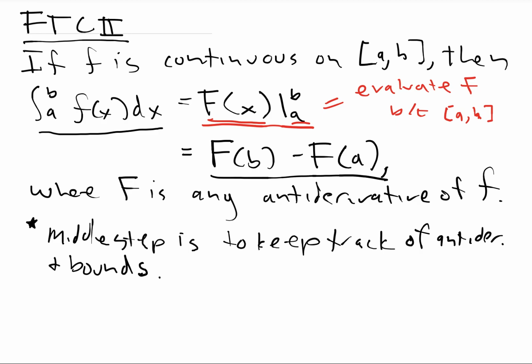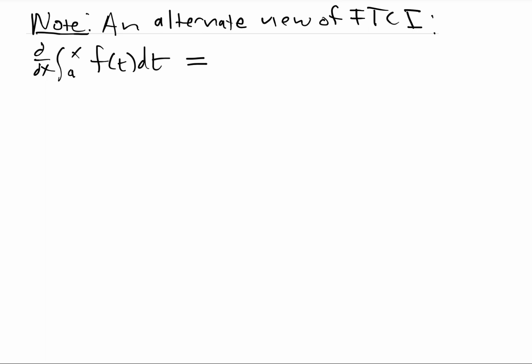Now, comment number 1, before we get to explicit examples of cranking this out: this does give us an alternate view of the fundamental theorem of calculus part 1. I mentioned last time that there's not a consensus on which one's FTC I and FTC II. You can use one to prove the other, so different people will bring these up in different orders. I did FTC II first because it gives us a nice recap of some of the lessons that we've seen before in class.